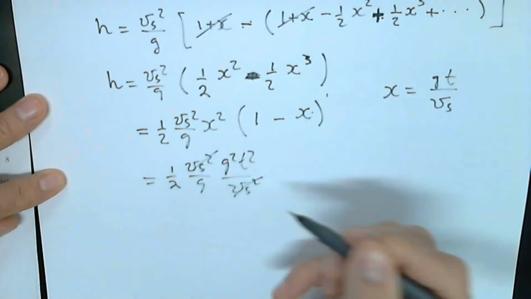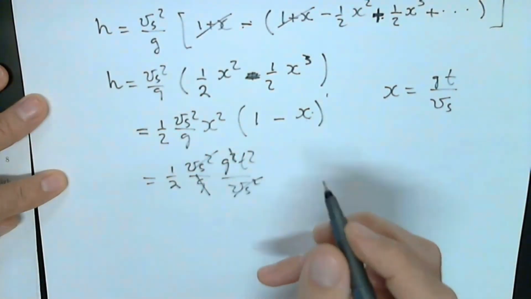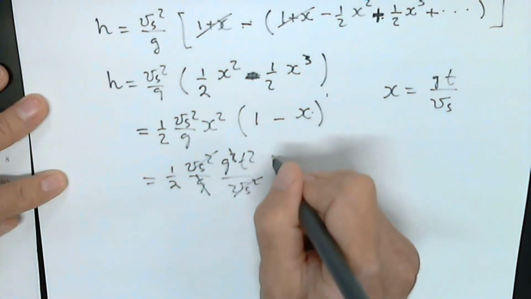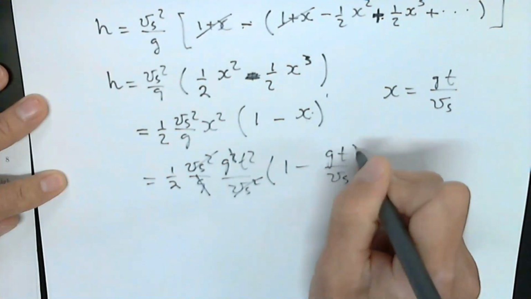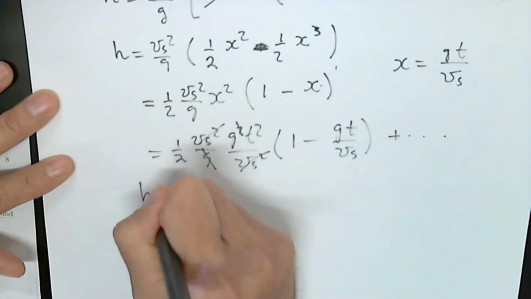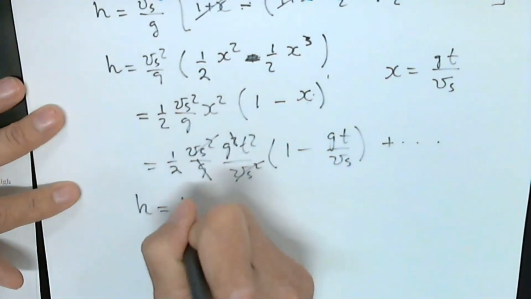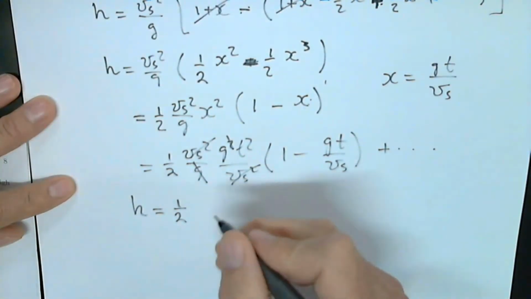This cancels. It's independent of the speed of sound. I mean, this term one cancels, and this is 1 minus gt over bs and other terms. So h is, and this is how I like it, the equation, because physically it makes sense.